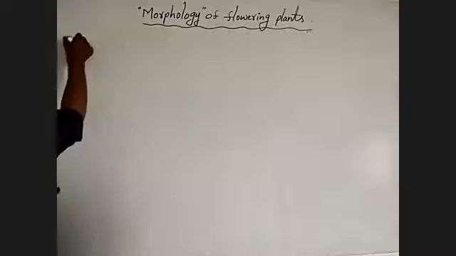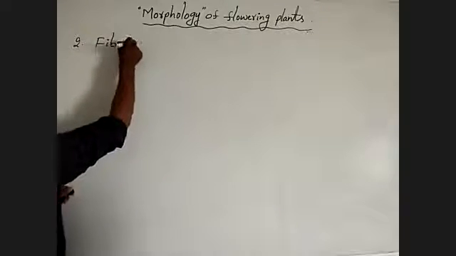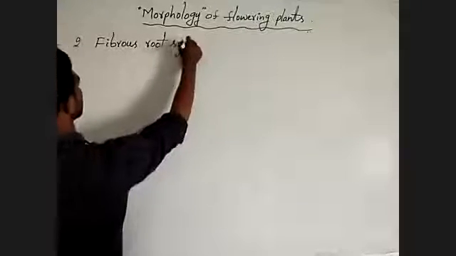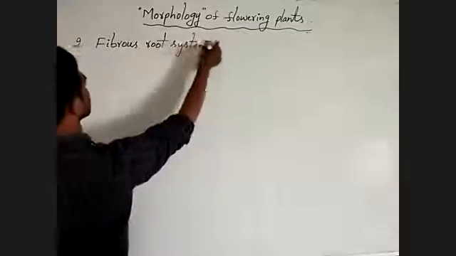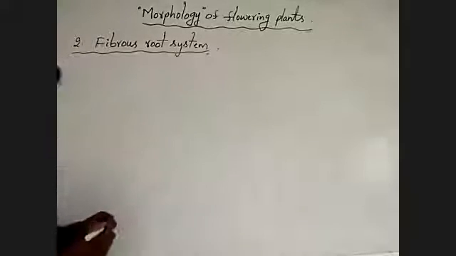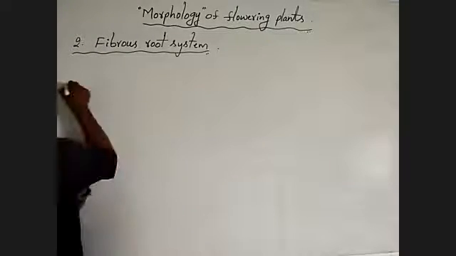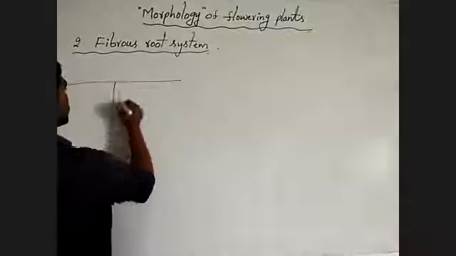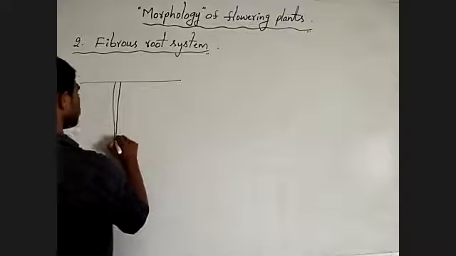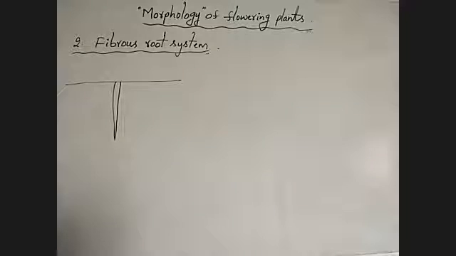Next, the second type is the fibrous root system. Actually, a primary root grows into the soil from the radicle of the embryo.